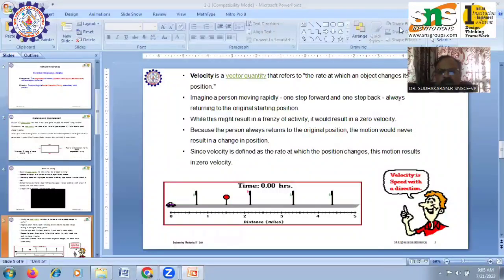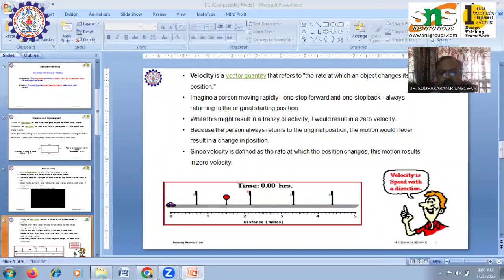Velocity. What does velocity refer to? Velocity is nothing but the rate at which an object changes its position. Imagine a person moving rapidly, one step forward and one step backward, always returning to the original starting position. It might result in a frenzy of activity, but it would result in zero velocity, because the person always returns to the original position.